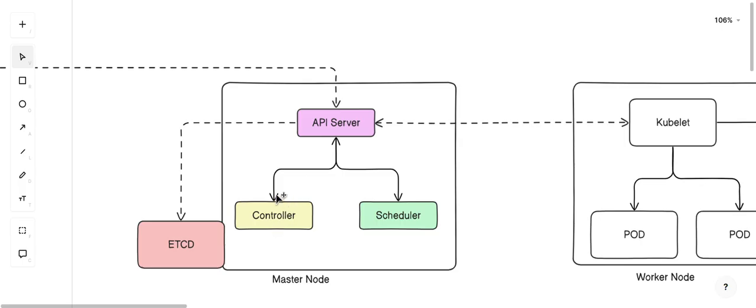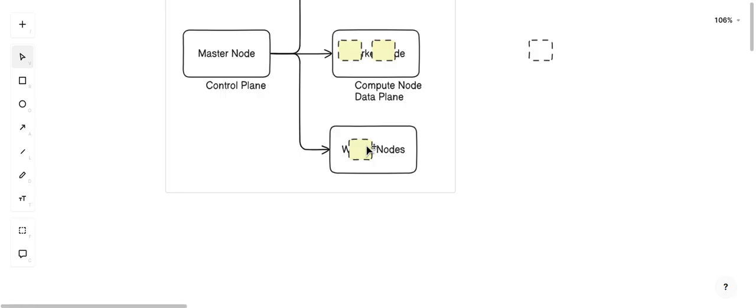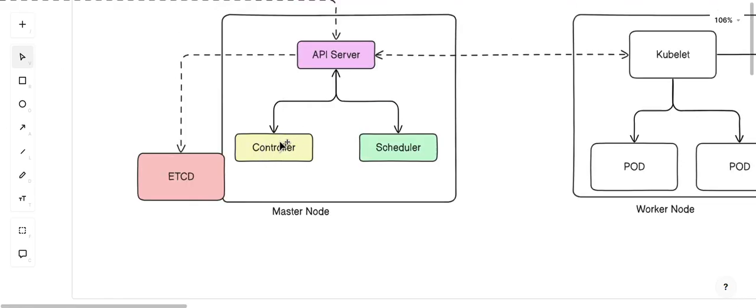Etcd knows that node 3 has only one pod, so the controller will continuously keep looking here, and it will go and increase the number of pods in the worker node.